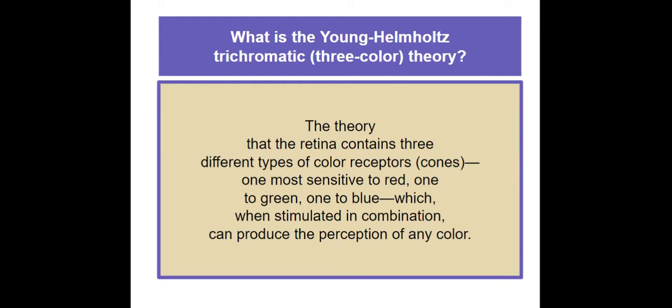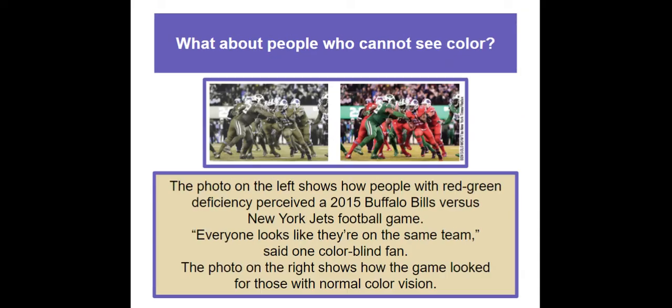People that are colorblind will basically look at something like a football game and see this. If you don't have color vision, you will see the image on the left right here. The image on the right is a normal person's vision without color blindness.